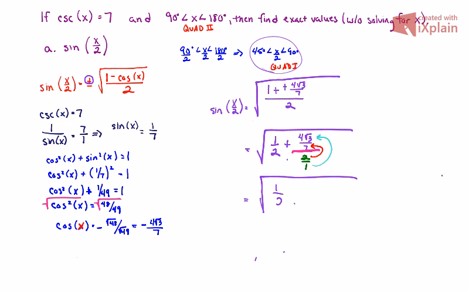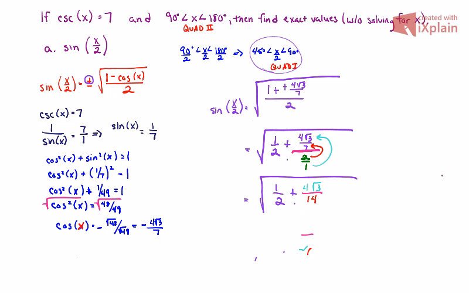We'll have our 1/2 plus, we'll have 4 root 3 times 1, so this will be just 4 root 3, all divided by, and we have our 7 times our 2. So that'll give us our 14.